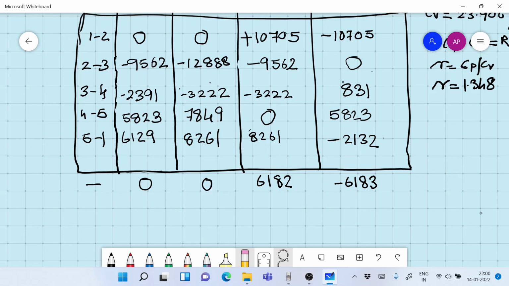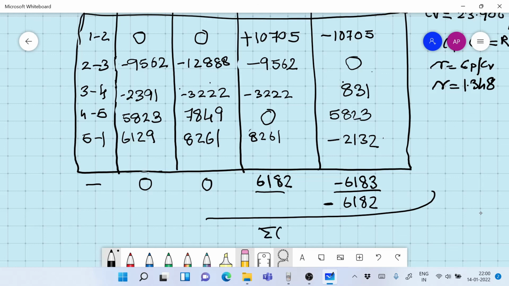So this is but natural, you will always get a difference of 1. Well, this is an insignificant difference as compared to the results that we have. So we should take this as 6,182. We can neglect the 1, and there we get summation Q is equal to minus summation W, which is true for a cyclic process.